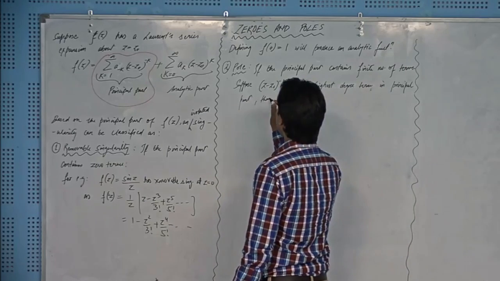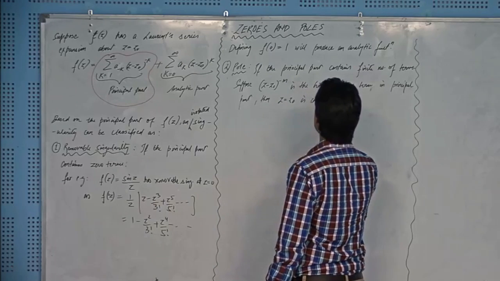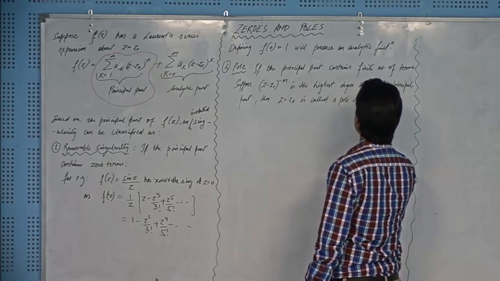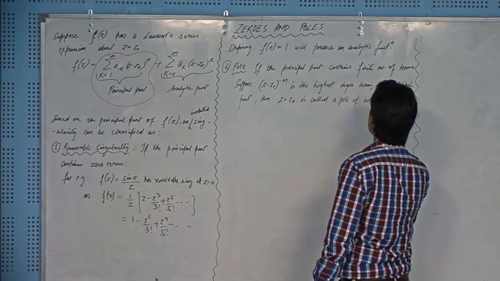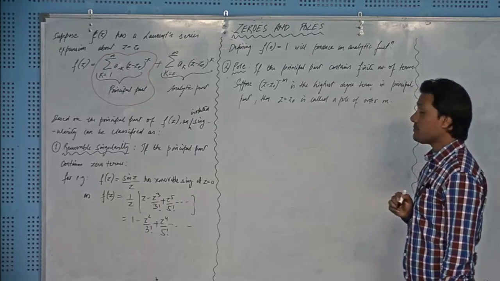Then z equal to z naught is called a pole of order m, right? You can take an example of this, right?